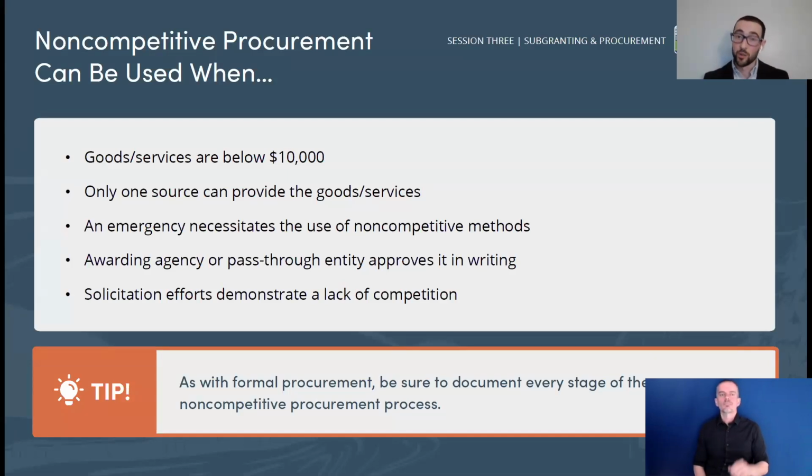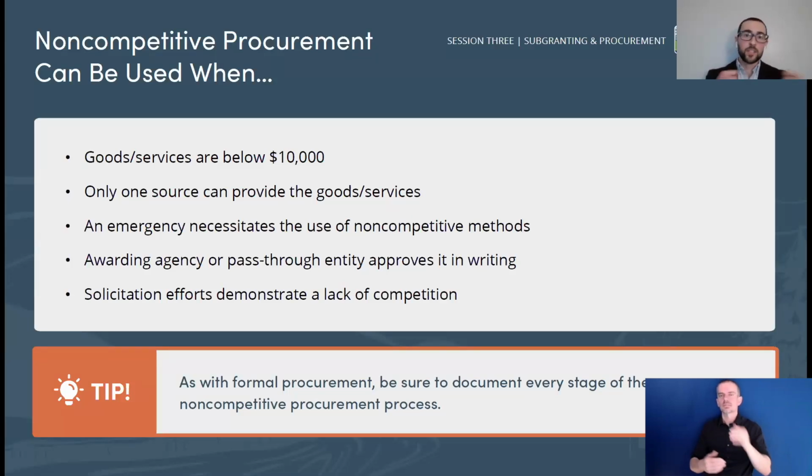Or if there's an emergency in place and we need these goods and services ASAP, then you can use non-competitive methods. There are some limitations there, but that's generally the rule. Or, going back to the question, if we have a desired partner and we get prior approval from the awarding agency or the pass-through entity, if they approve it in writing, make sure it's in writing, then you can use non-competitive procurement methods.